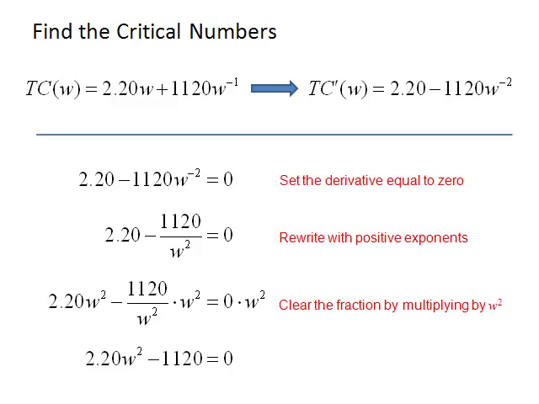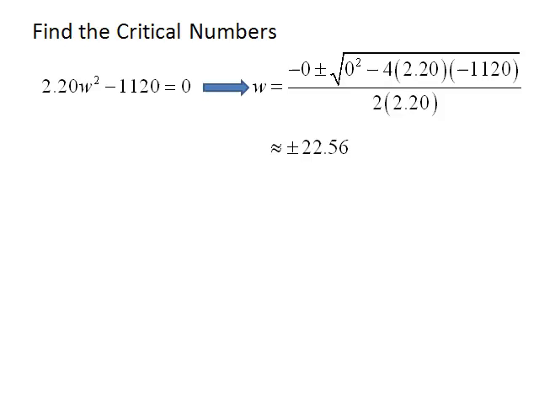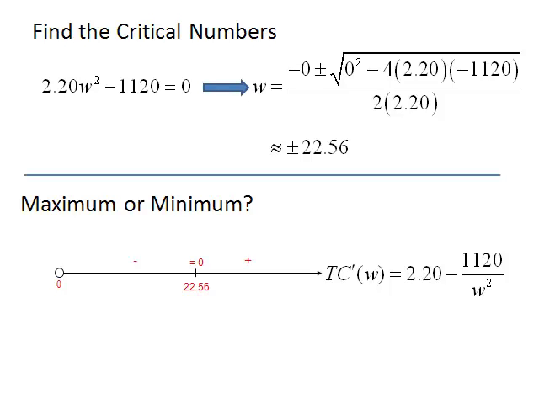Next, we find the derivative and locate the critical numbers by setting the derivative equal to 0. This leads to a single realistic critical number at approximately 22.56. The first derivative test indicates that the critical number corresponds to a relative minimum.